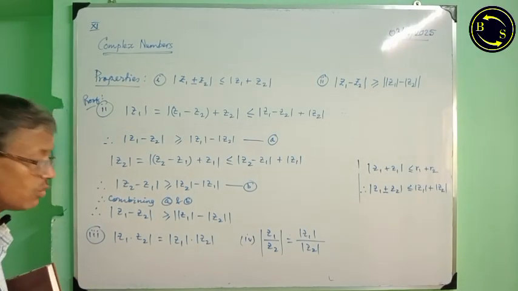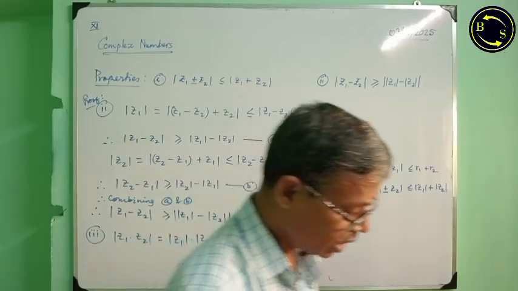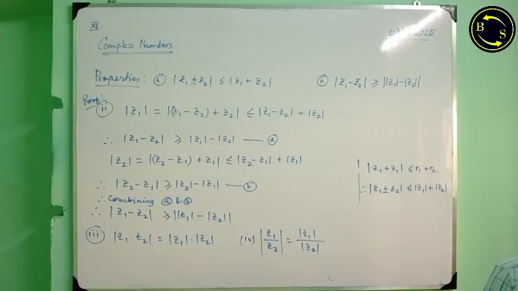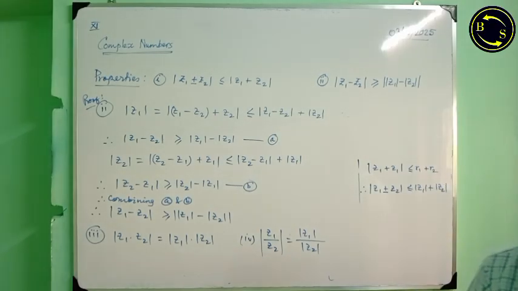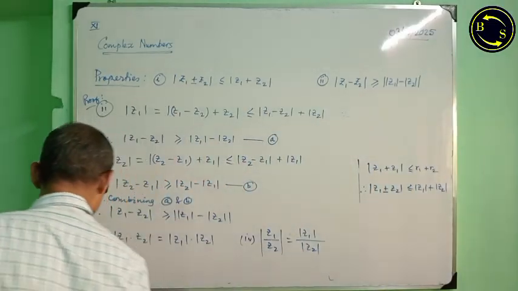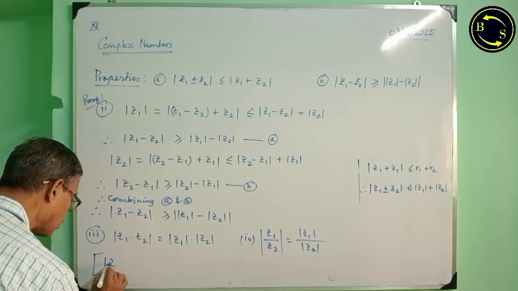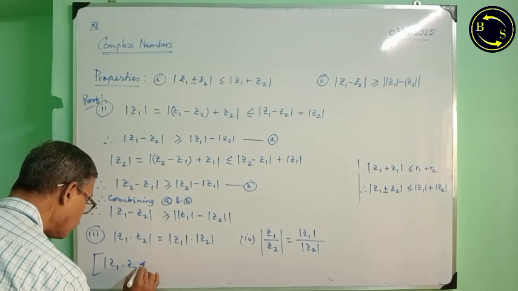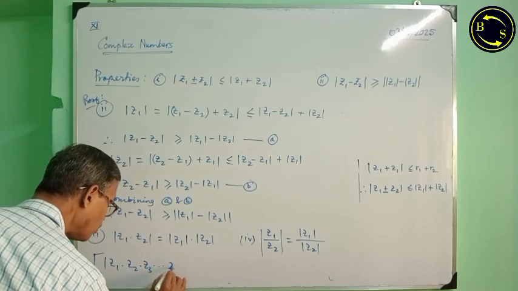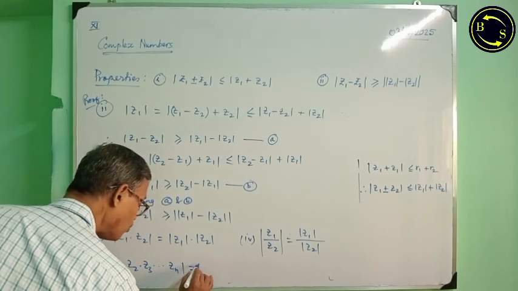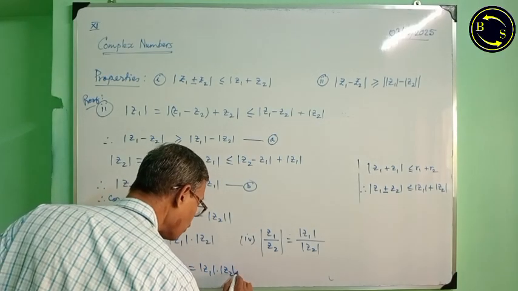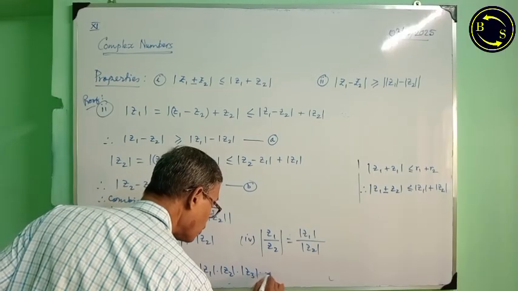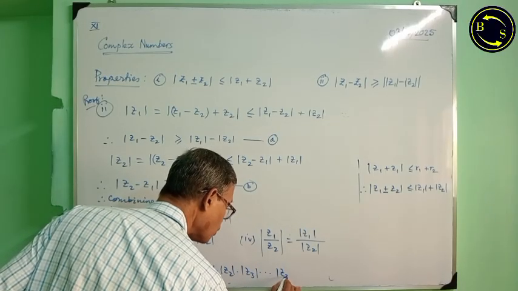That means modulus of z1 into z2 into z3 up to zn will be equal to modulus of z1 into modulus of z2 into modulus of z3, etc. I am saying this one, up to zn.